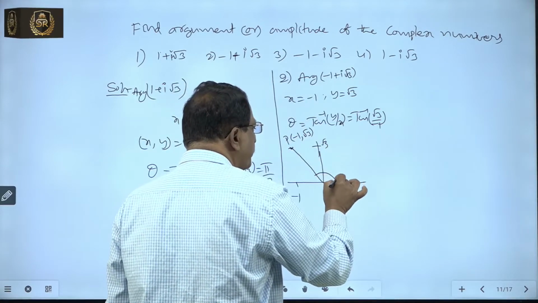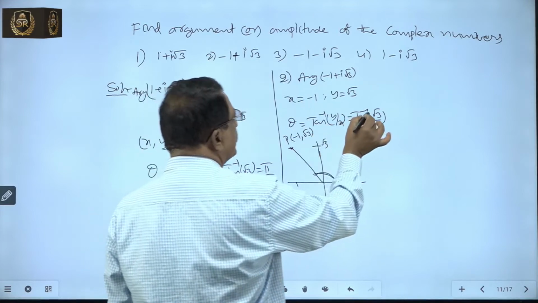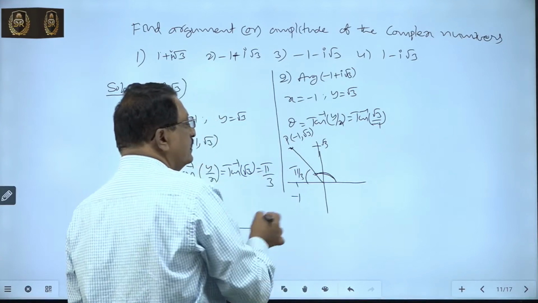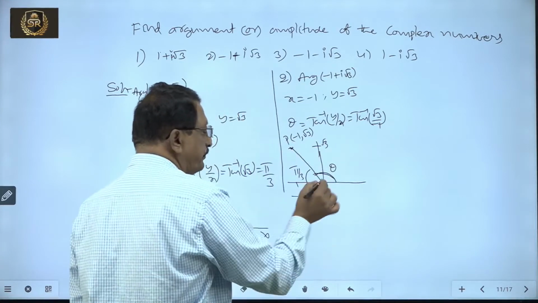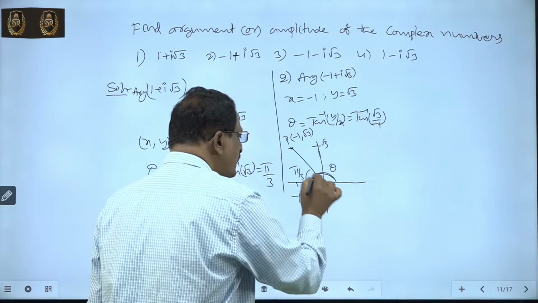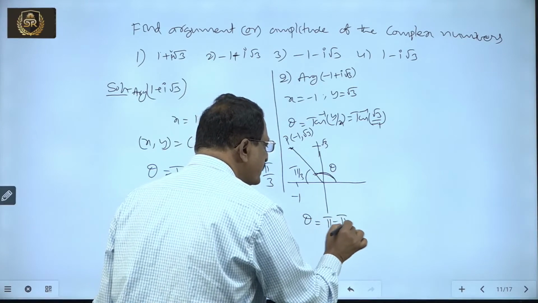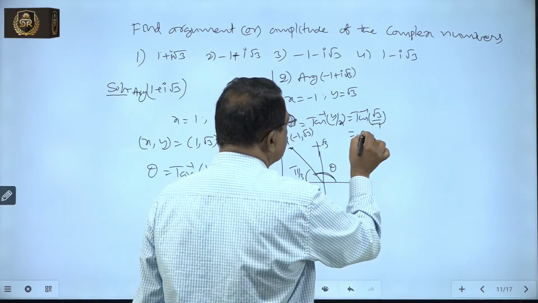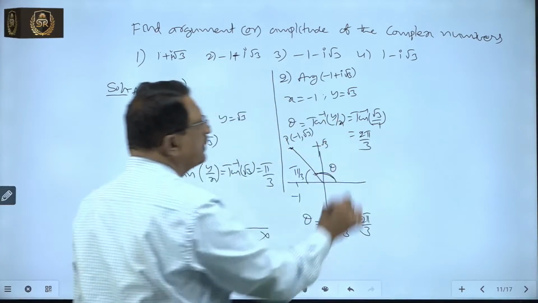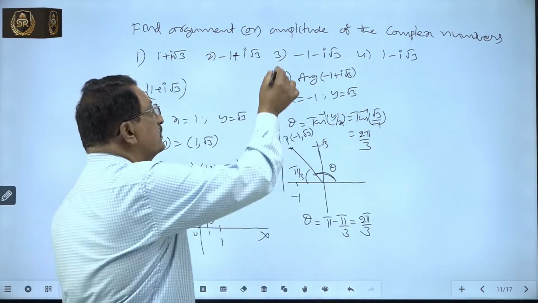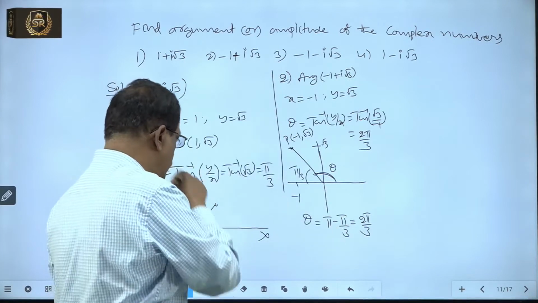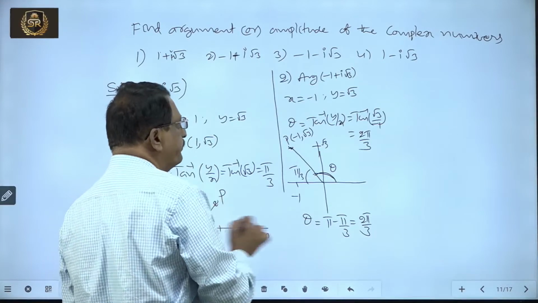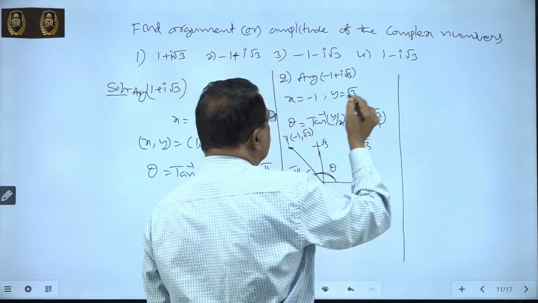It is inclined at an angle, this complete angle is required, but here minus root 3, on the negative side, pi by 3. Therefore the required theta value: theta equals pi minus pi by 3, that equals 2 pi by 3, because the point lies in the second quadrant.